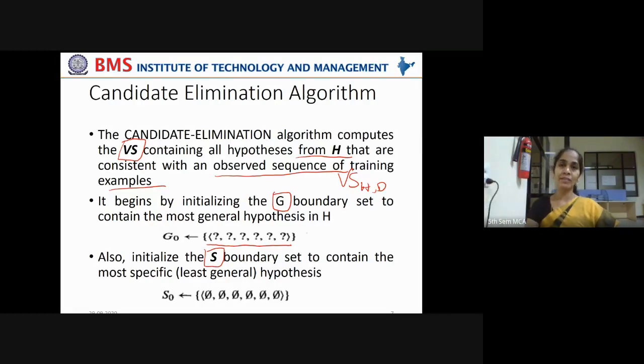He basically wants to sit at home. That is why he is giving lame excuses that it is windy, it is sunny, warm, water is cool, water is warm. Like that, he is giving different conditions. He is not comfortable with any of the climatic conditions. So you are taking the specific boundary set as all phi. This is the most specific hypothesis, or the other way, the least general hypothesis. We say it as most specific hypothesis or least general hypothesis.